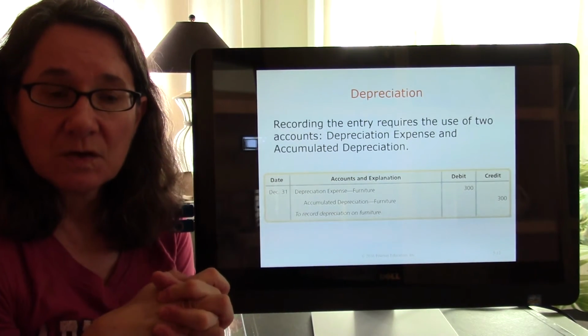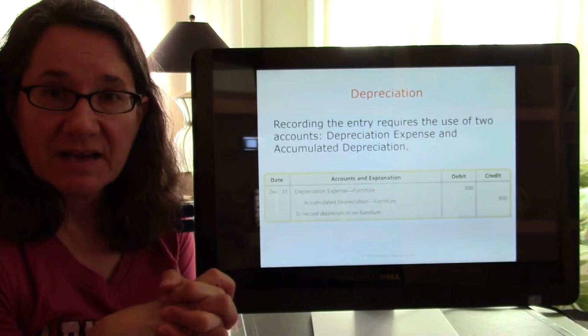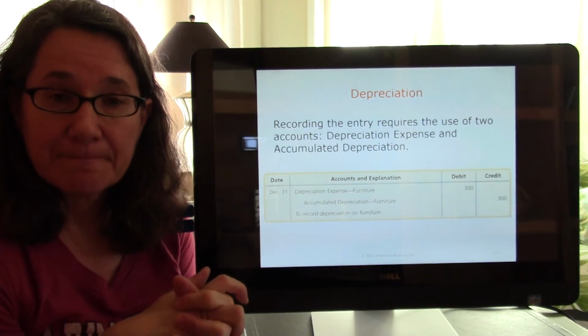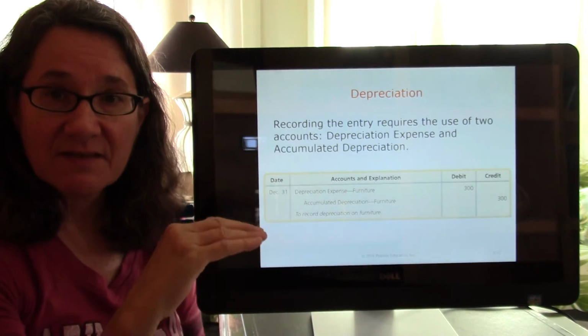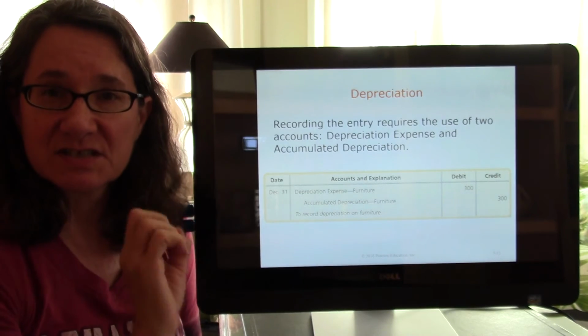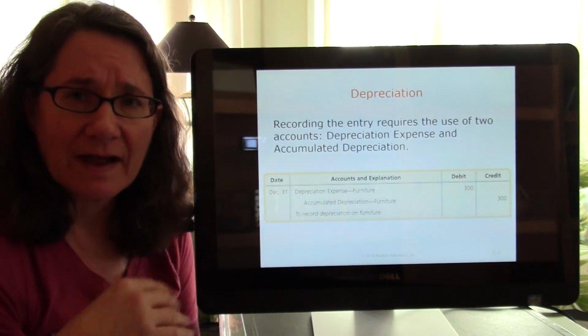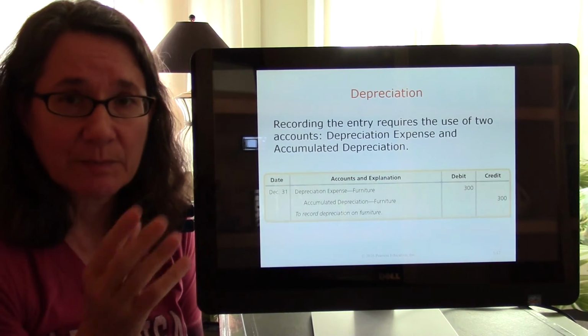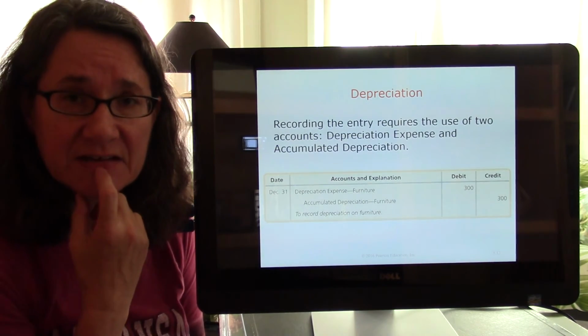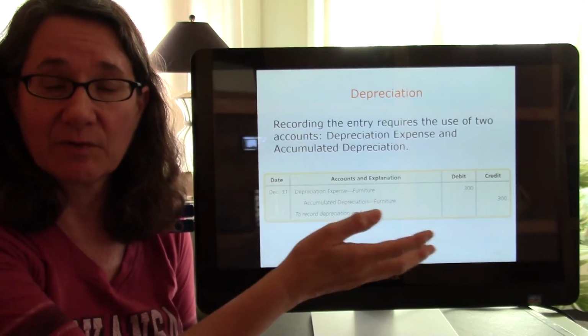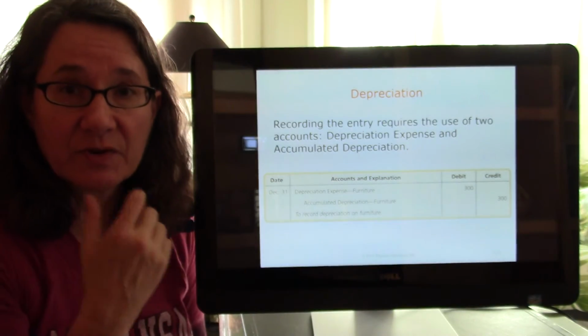Suppose you were looking at the balance sheet of a company and you saw $17,700 for furniture. If we had just directly taken it off of furniture, you wouldn't really know how used up that furniture is. Is it brand new furniture that's worth $17,700, or is it really old furniture that was originally worth $80,000 and now it's only worth $17,700?